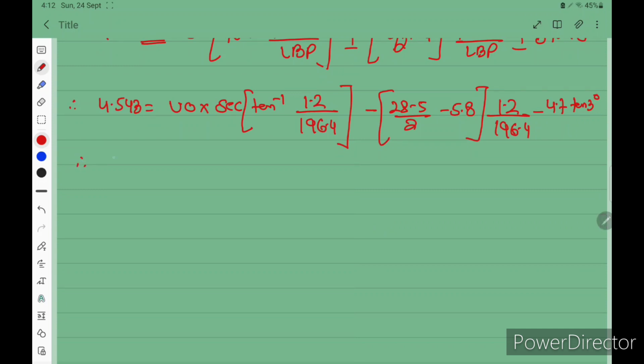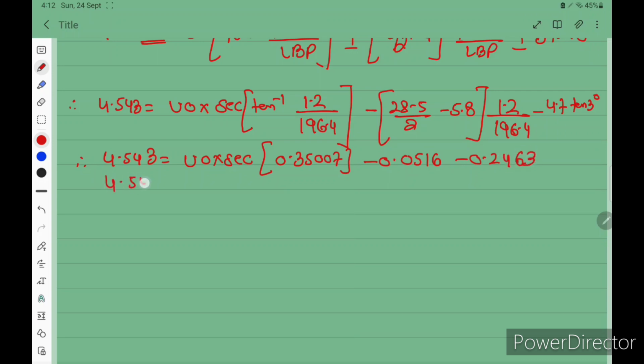Now we have to solve this equation. 4.543 is equal to UO into sec 0.35007 minus 0.0516 minus 0.2463. So 4.543 is equal to UO into minus 0.2979.